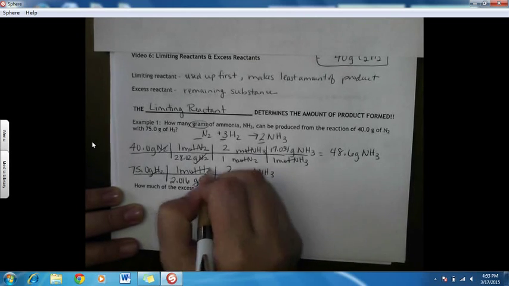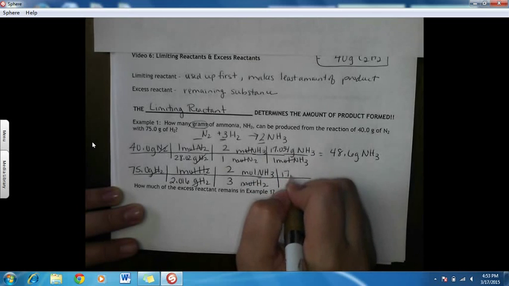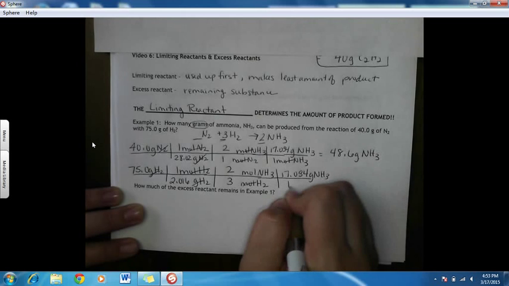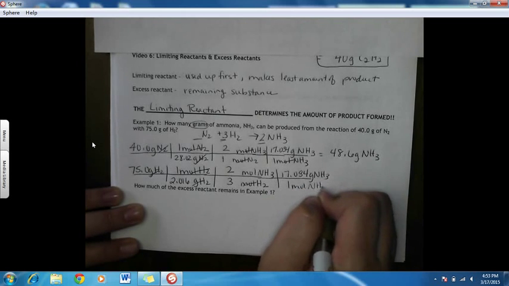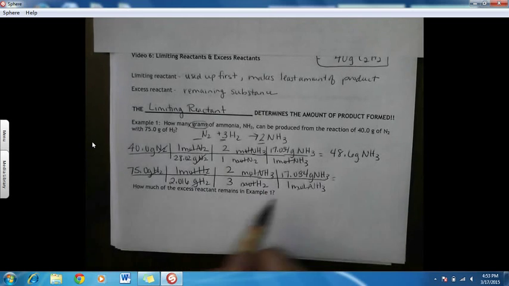So moles of hydrogen would cancel. And then our last step will be the same here because it's the mass of ammonia. So again, we're going to multiply across the top and divide by what's on the bottom. So 75 times 2 times 17.034 divided by 2.016 divided by 3.